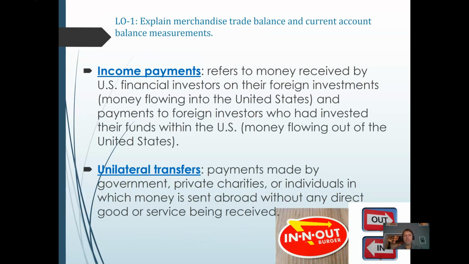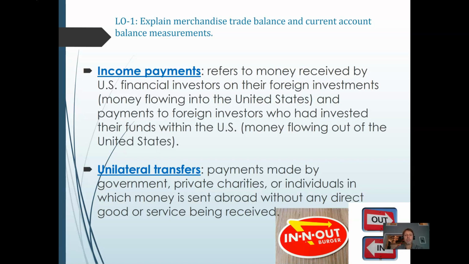Income receipts refers to the money received by financial investors, if we're in the US, or whatever your home country is, who have invested in foreign investments, and now we're getting money back. That could be you and me individually, it could be a retirement account, it could be a big corporation like Apple making that investment abroad, and then as they get earnings off that investment, it comes back to the US.